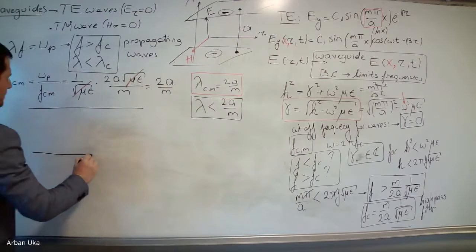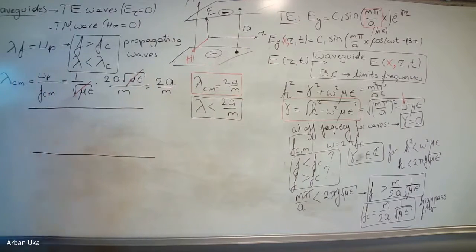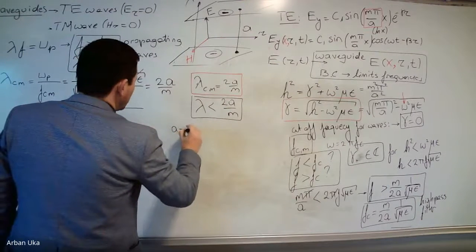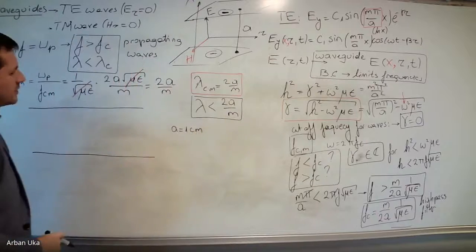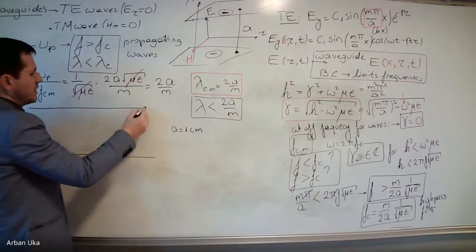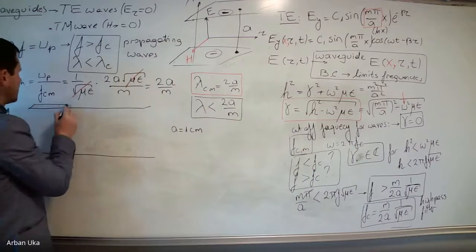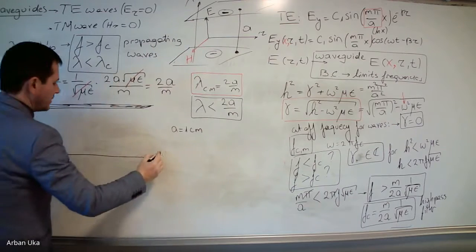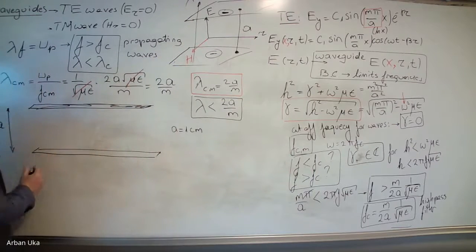So let's assume for a moment that A is equal to 1 centimeter, okay? So this is the distance between these two plates. And then let's see which wavelength can propagate in this waveguide, which is made of plates with this distance.